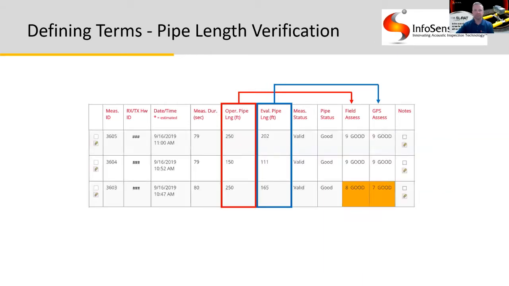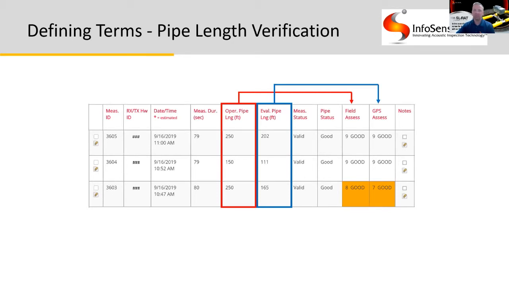In this example, for the measurement 3605 at the top, the operator indicated that the pipe is 250 feet long. And that's the top in the red box. The SLRAT calculated that the pipe is 202 feet long based on GPS location stamps in the blue box.